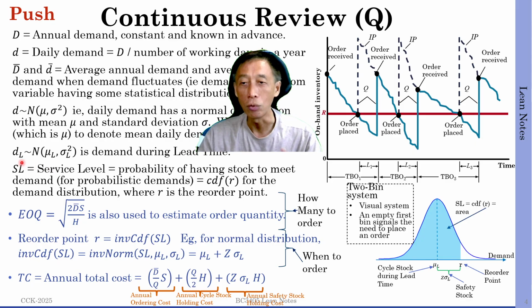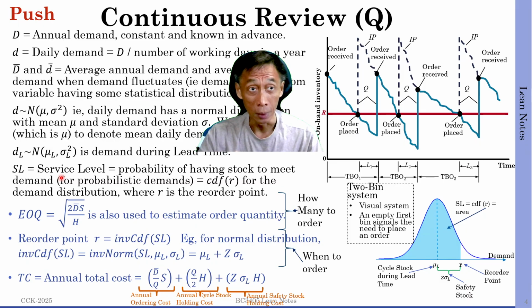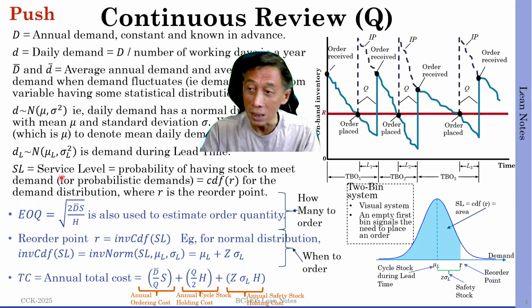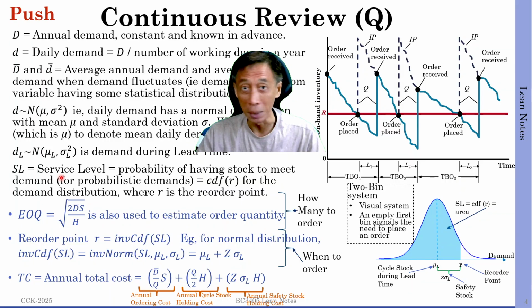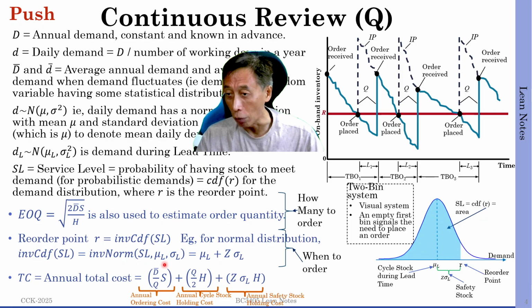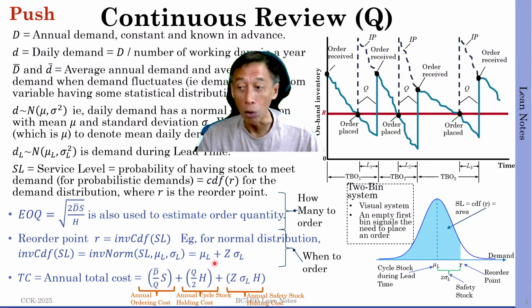And I'd like you to understand that continuous review and periodic review, their main purpose, because now they allow demand to fluctuate, is not to minimize annual inventory cost. So you don't see an annual inventory cost being minimized here. We do have a formula to calculate.